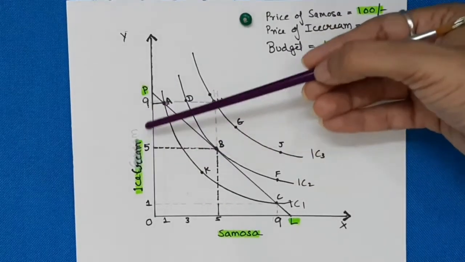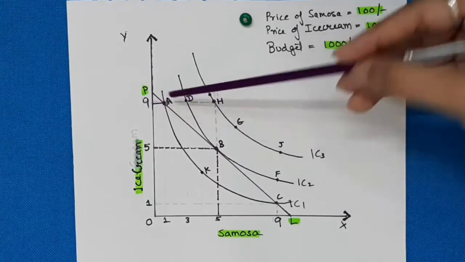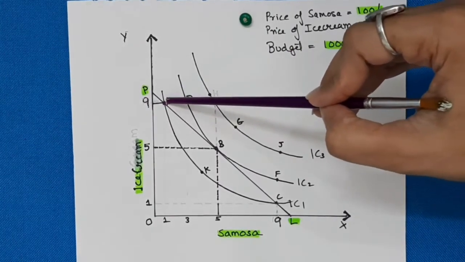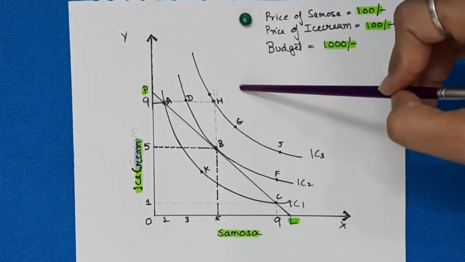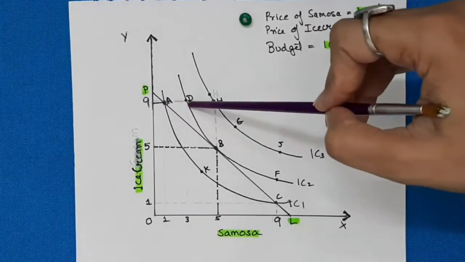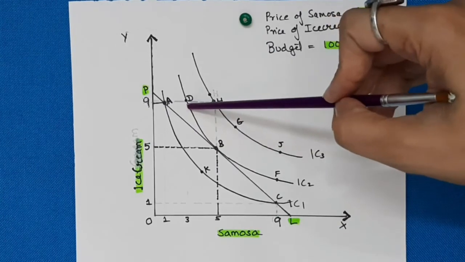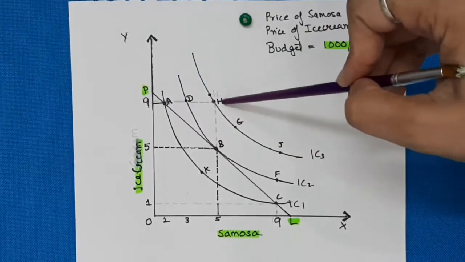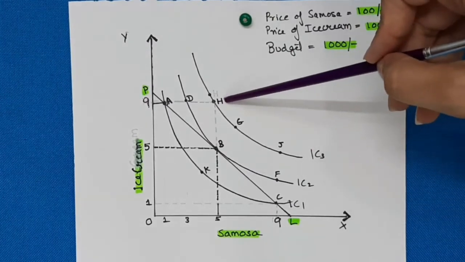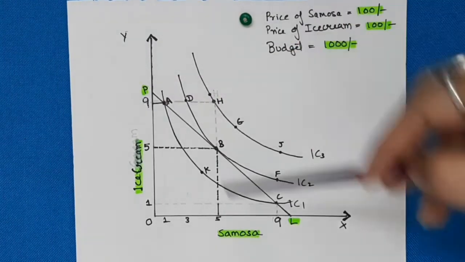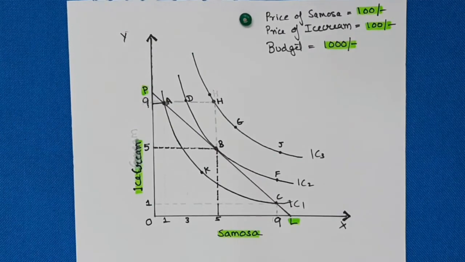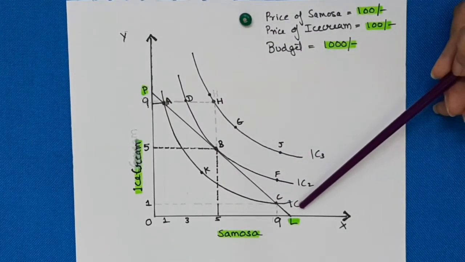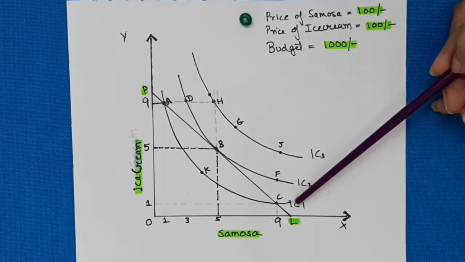If we don't, like in the earlier example, we will be joining points A, D and H, and this will not give you the same level of satisfaction, because H is higher than D, and D is giving a higher level of satisfaction than A. Why? Because H has more ice creams and samosas compared to D and A. So the first reason it slopes downward is that we need to substitute one good with the other in order to keep the consumer at the same level of satisfaction.